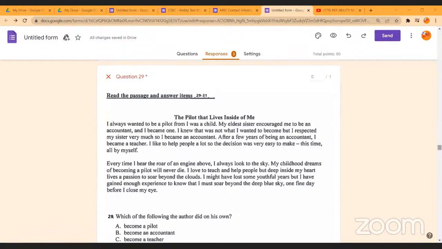Every time I hear the roar of an engine above, I always look to the sky. My childhood dreams of becoming a pilot will never die. I love to teach and to help people, but deep inside my heart lives a passion to soar beyond the clouds. I might have lost some youthful years, but I have gained enough experience to know that I must soar beyond the deep blue sky. One fine day before I close my eyes.